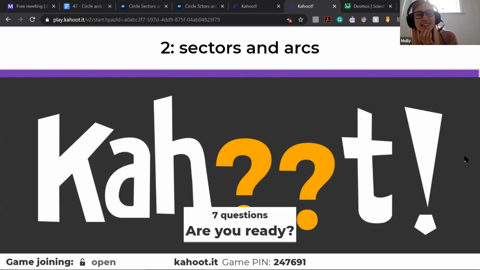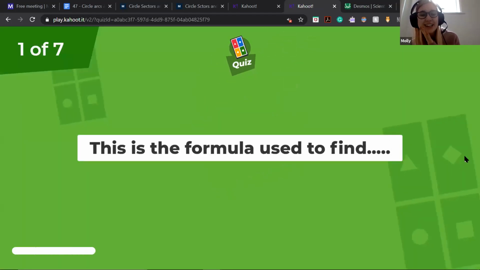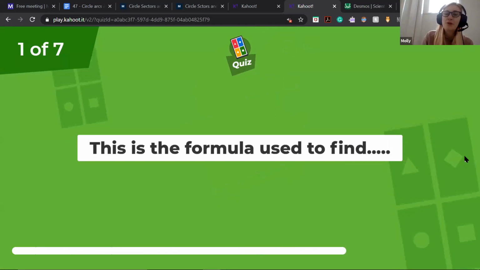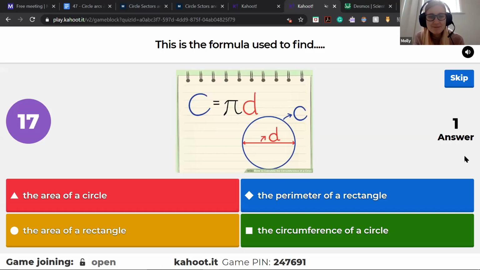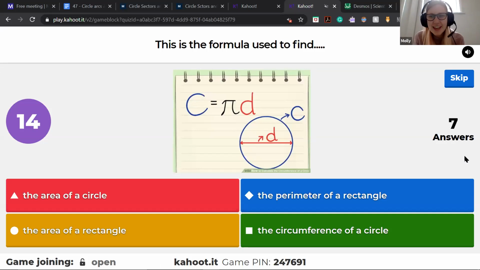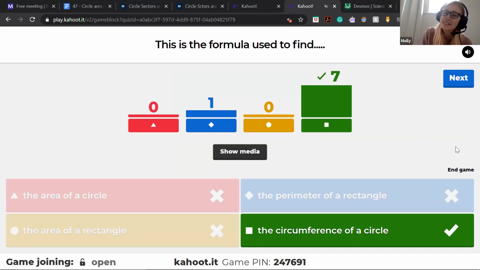Okay. First question. The first 2 questions are actually the same as the first 2 before, because as I said, these formulas are so integral, that's the word I was looking for, to the core of what we're doing today. Yeah, nice.